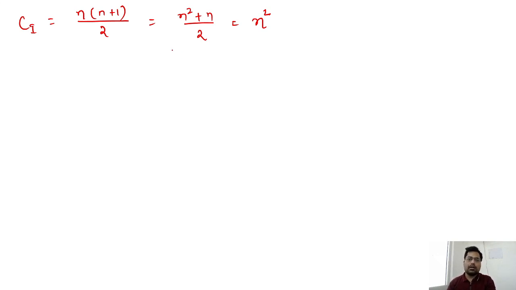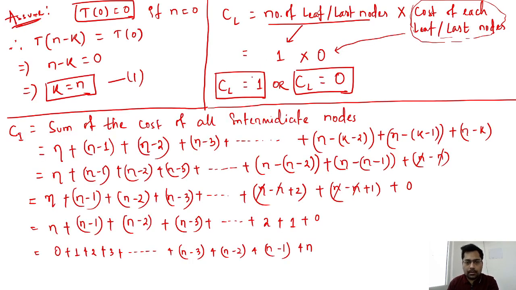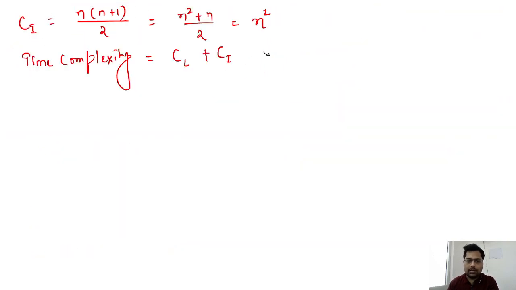Theoretically it is good. So see, the total time complexity is equal to CL plus CI. CL is how much? CL is 0 or 1. We are just writing 0 or 1. You can write 1 plus n square, or else if you are taking the value as 0, then 0 plus n square.